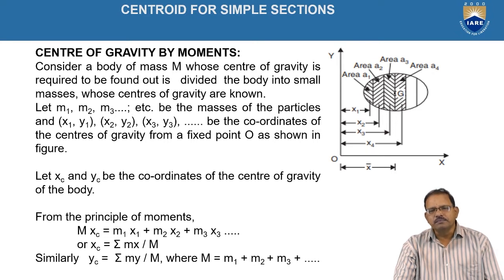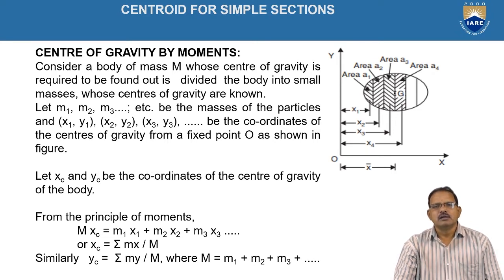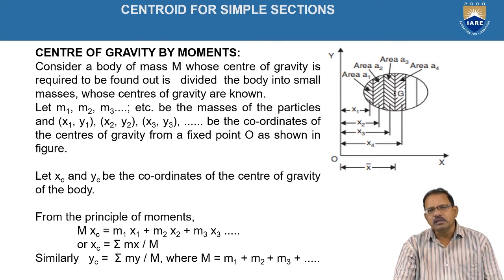Hence, according to Varignon's principle, M g xc, that is the total weight multiplied by xc, which is the moment created by the body with respect to the y-axis, is equal to M1 g x1 plus M2 g x2 plus M3 g x3 and so on.